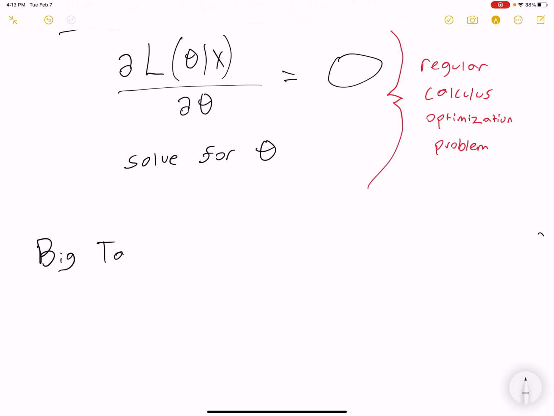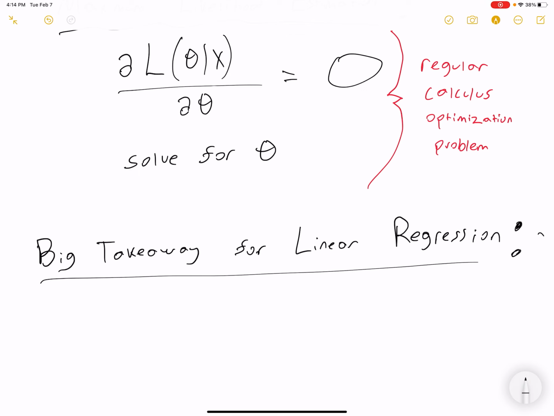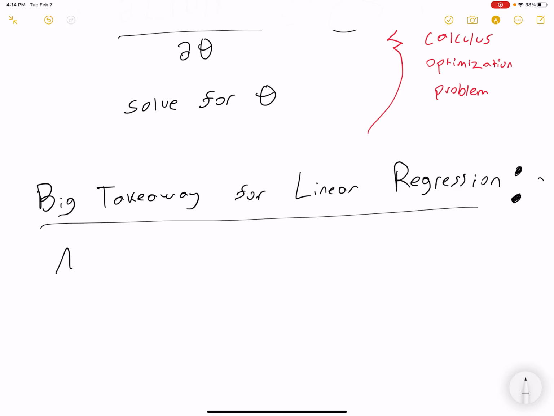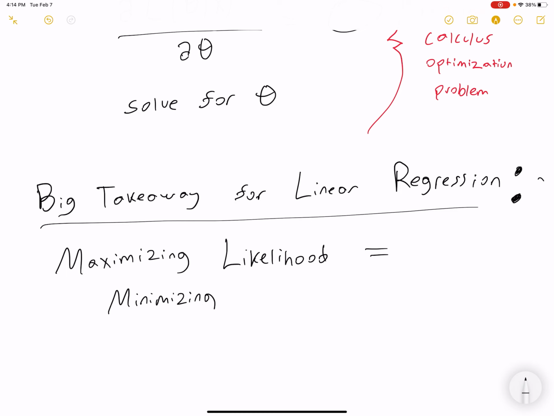But the big takeaway for linear regression, that we can derive next class if you want, but we can also not do it, is that maximizing the likelihood of linear regression is equal to minimizing the mean squared error for linear regression.